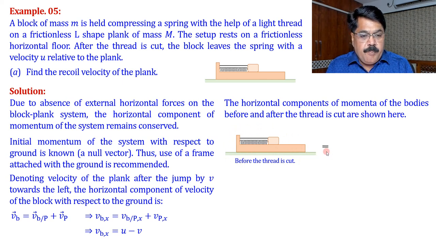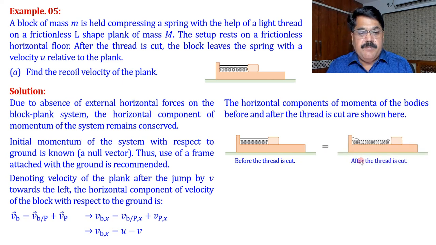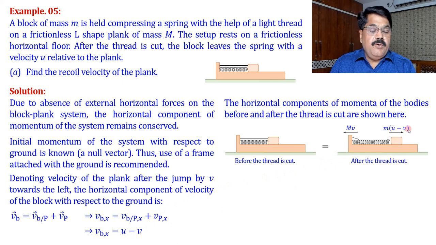Now we put an equal sign and show the momentum of both bodies with respect to the ground. The thread is cut and the block has left the spring. The plank's velocity is what we assumed, V towards the left, so its momentum is capital M V towards left, and the block's momentum will be small m into U minus V.